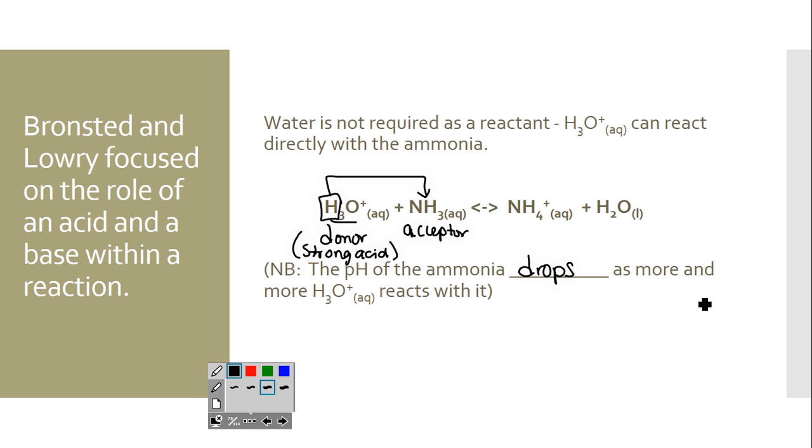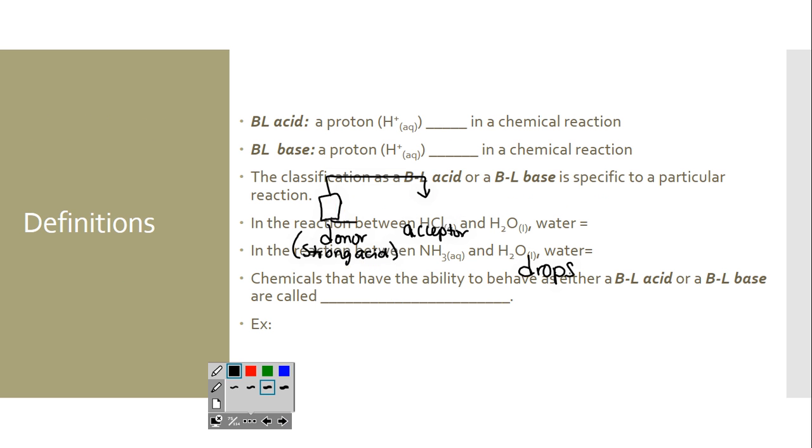Now, if we could summarize what went on in those three examples, where I'm saying BL, I mean Bronsted-Lowry, which was the title of the lesson. A Bronsted-Lowry acid is a proton donor in a chemical reaction, and a base is a proton acceptor. Now, just because something was a Bronsted-Lowry acid or base in one reaction doesn't mean in another reaction that's still what they will be.